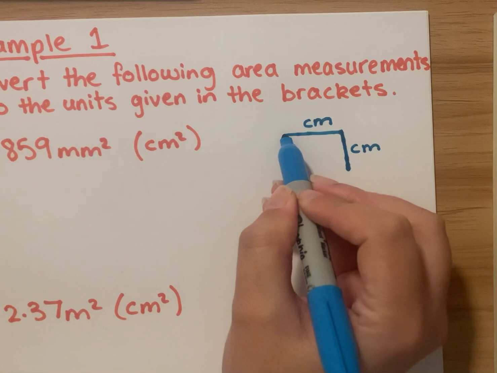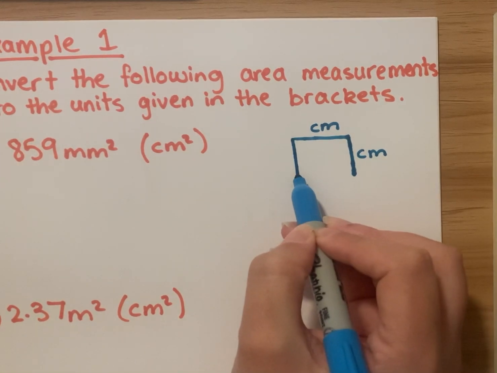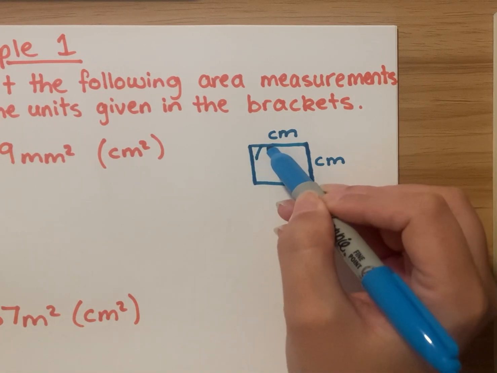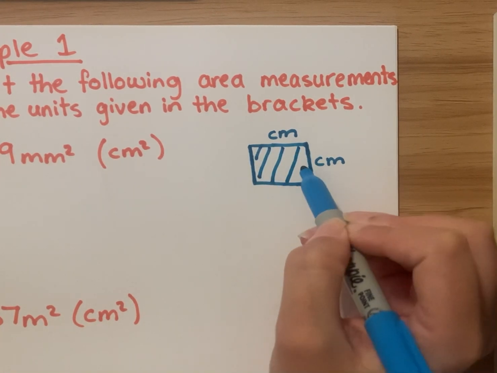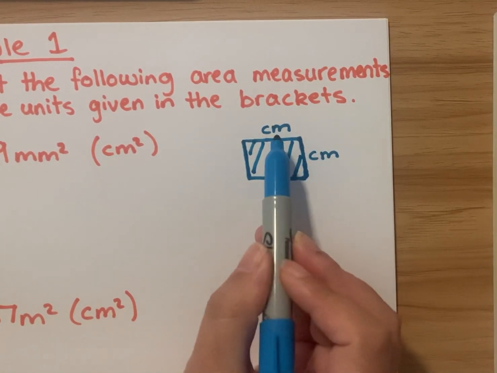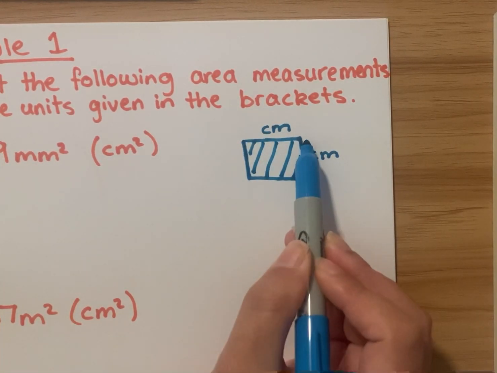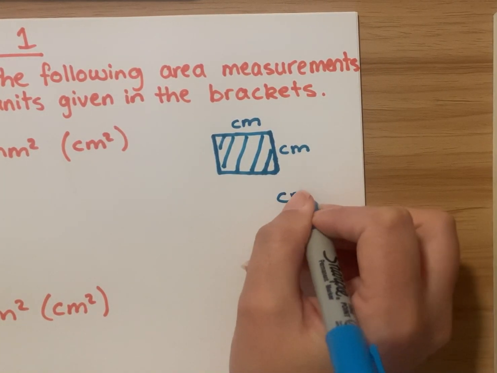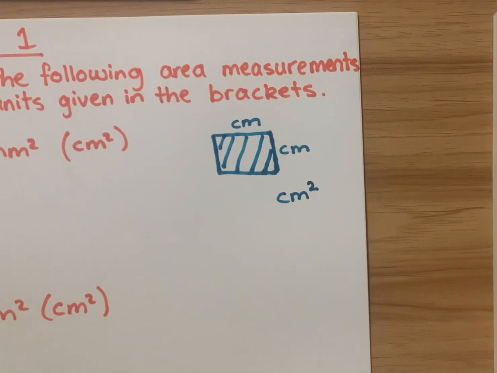And you can see that this creates a square. So area talks about the area inside this square. And the unit for area is going to be centimeters times centimeters here. So our unit for area is square centimeters.